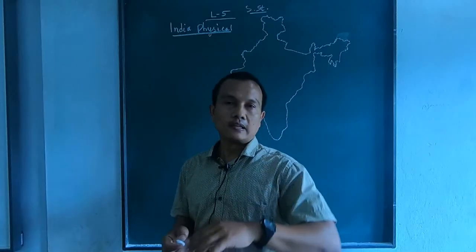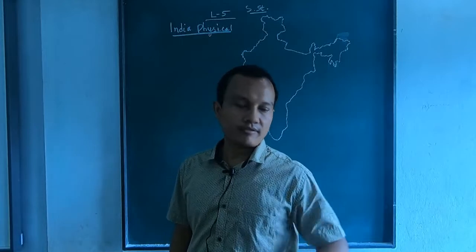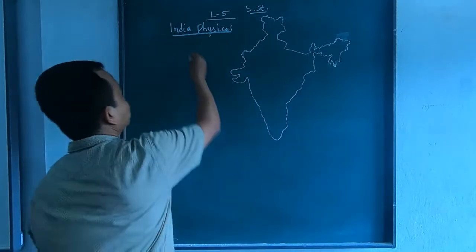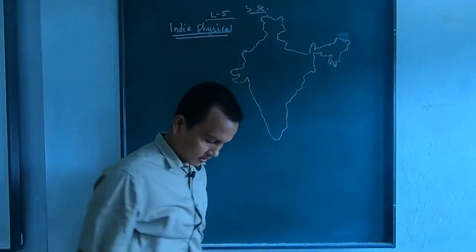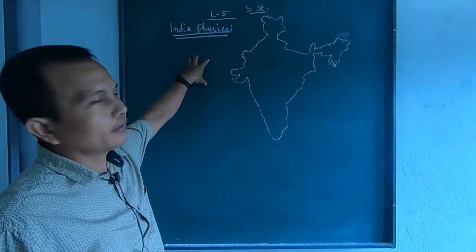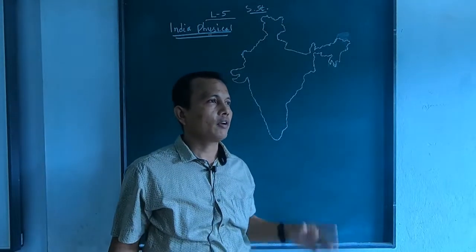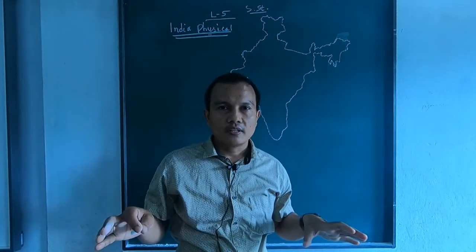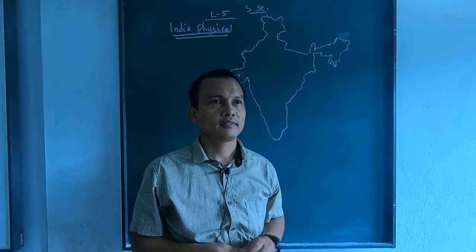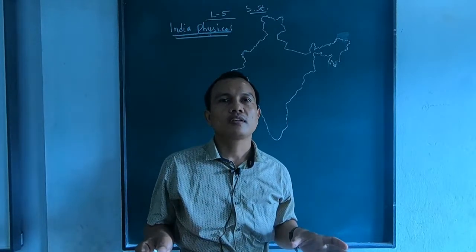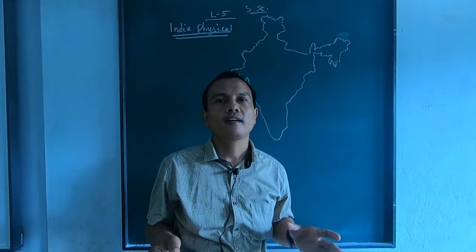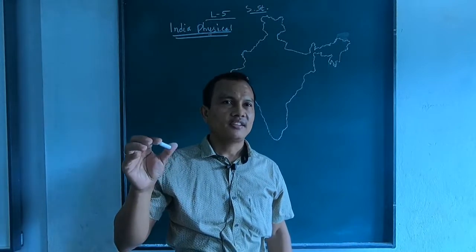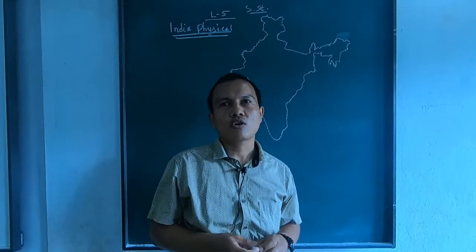We'll be taking Social Studies Lesson 5 that is related to India Physical. When we say India Physical, it means the land surface that is found in a country, and on the land surface the main features are mountains, plains, valleys, deserts and coastal plains.